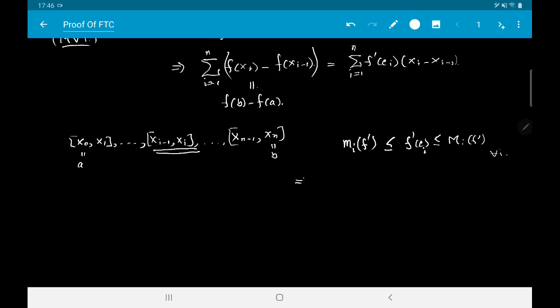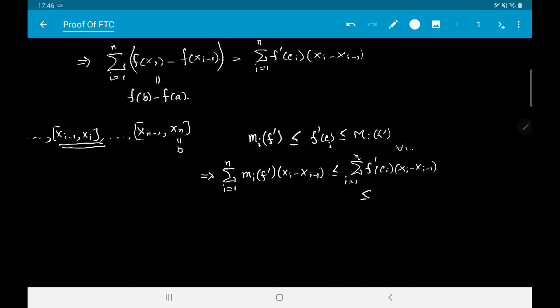So this will give us, jumping a step, but I am sure that you are going to follow what I intend to mean, that the summation of mi f prime times (xi − xi−1) is less than or equal to the summation of f prime(ci)(xi − xi−1), where the sum is i equal to 1 to n, and this is less than or equal to the summation, i equal to 1 to n, of big Mi f prime times (xi − xi−1).